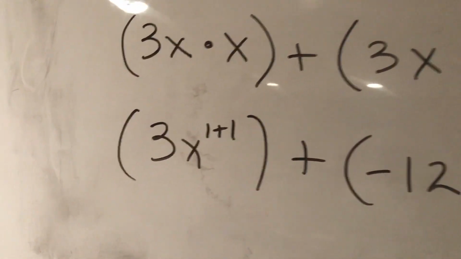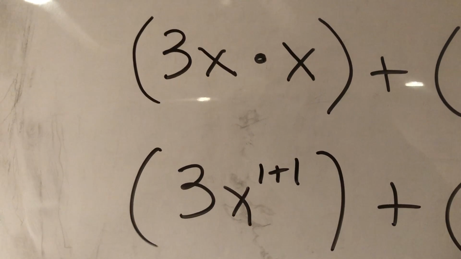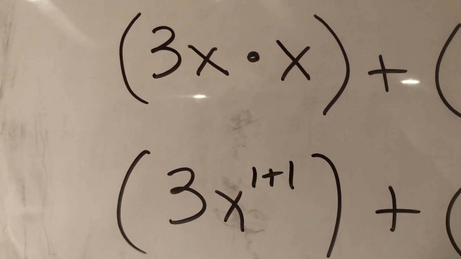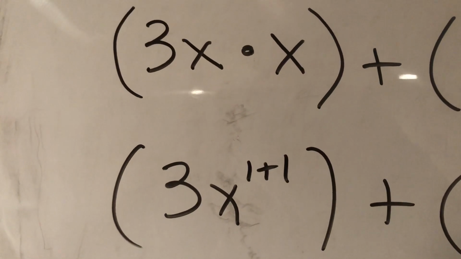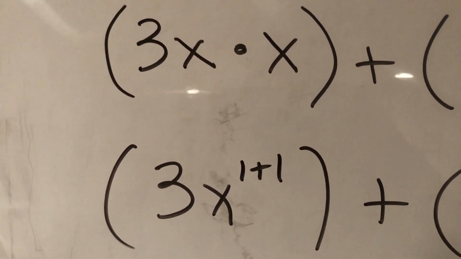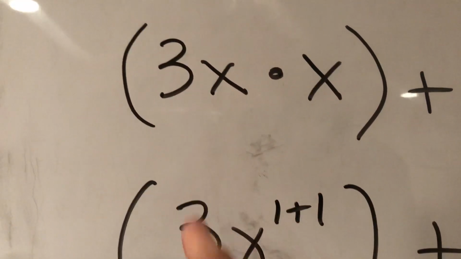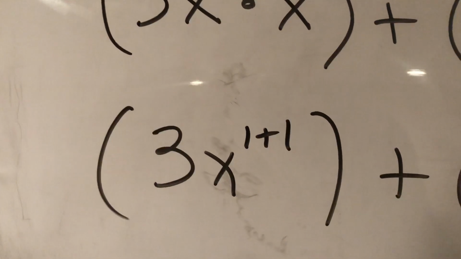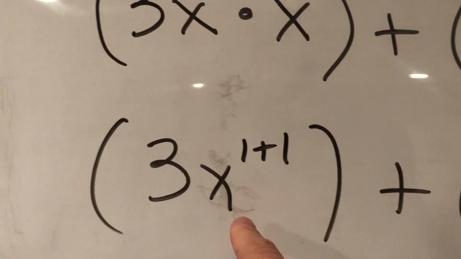So first we're saying 3x times x, which x times x really is x to the first times x to the first, which is x to the 1 plus 1. So 3 times that, because there would be an understood coefficient of 1 right here. 1 times 3 is 3. And you know that this is going to be 3x squared. We'll write that in a minute.